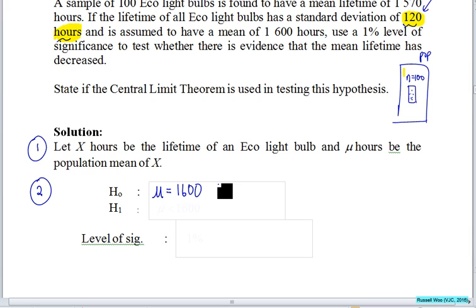Is your H1 testing whether mu is greater than 1006, less than 1006, or not equal to 1006? You have to make a decision. What do you think? Less, very good. And remember, I told you in a typical exam question, the level of significance will always be given. They want to give a 1% level of significance.